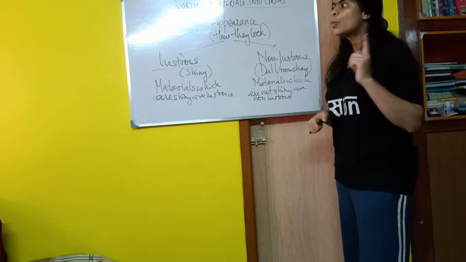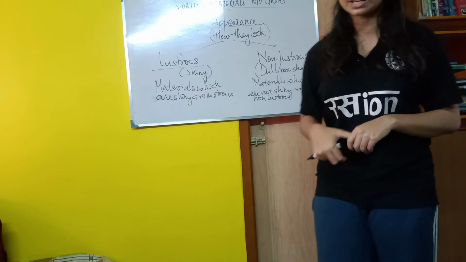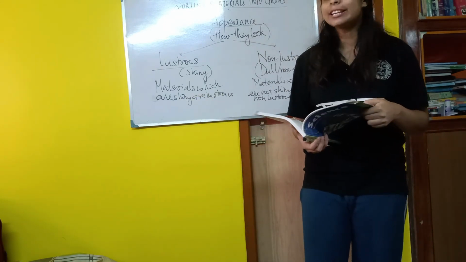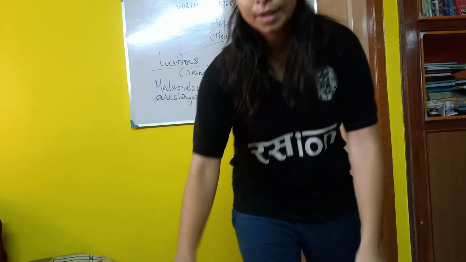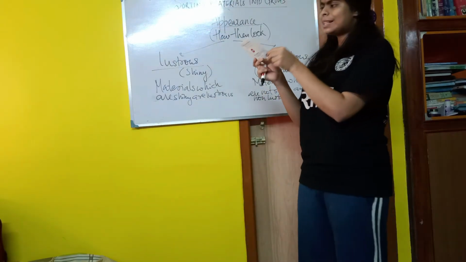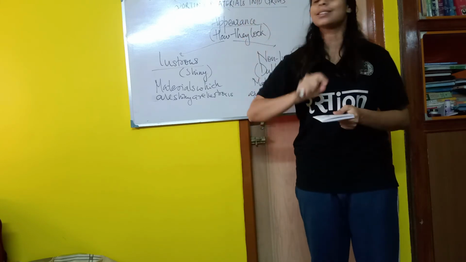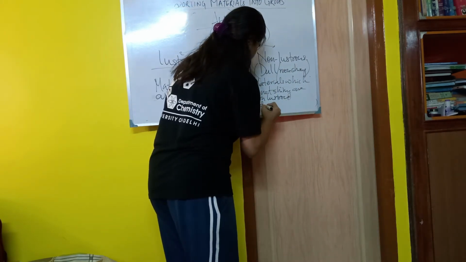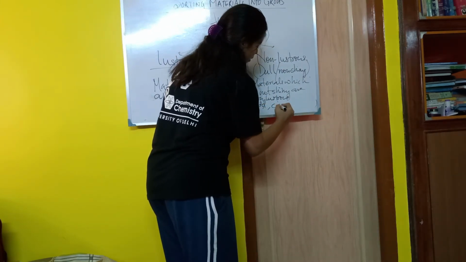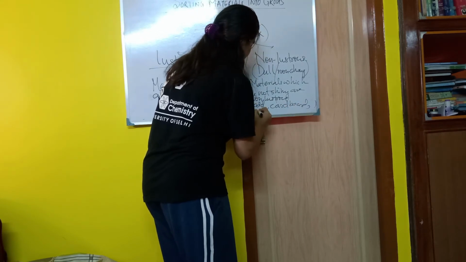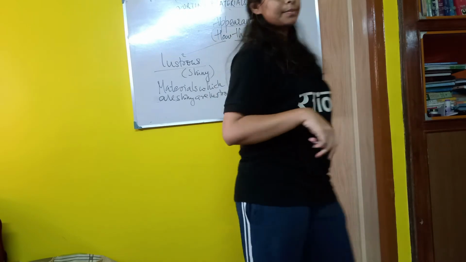Now tell me, which are the materials that shine in activity 3? Paper, cardboard, wood. Are they all shiny? Does this paper appear shiny? No. Does this wood appear shiny? No. So wood, cardboard and paper are not shiny.